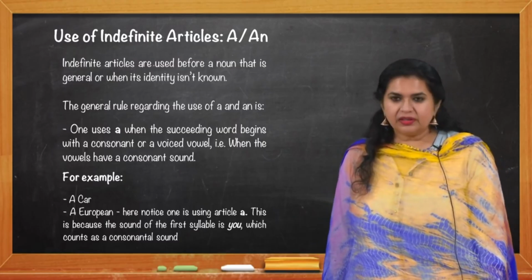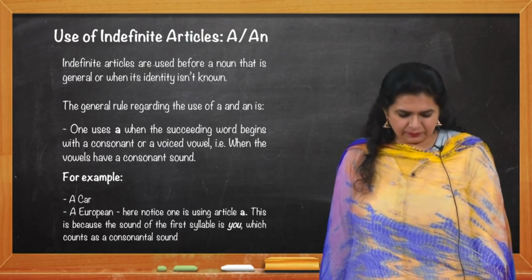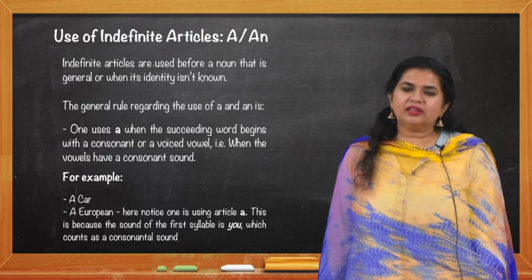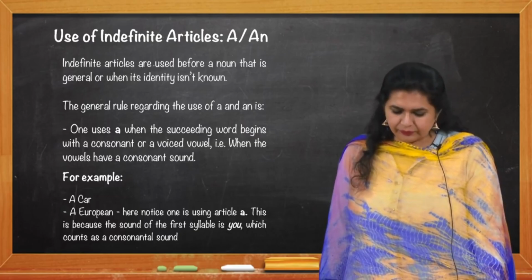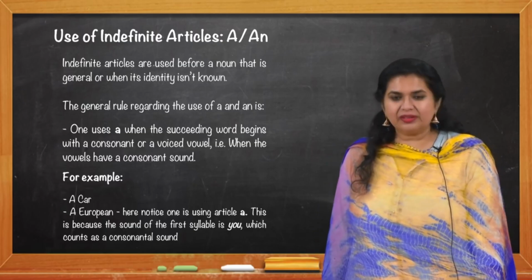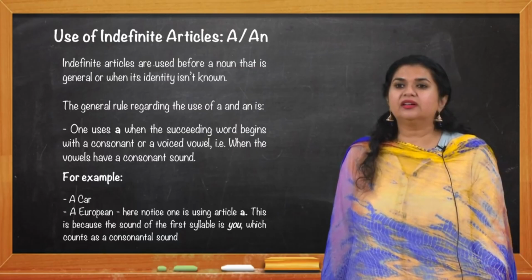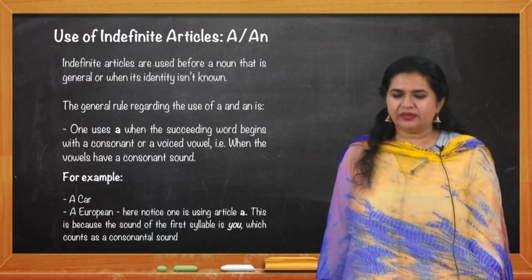For example, a car, C is a consonant, so a European, because although European starts with a vowel E, the sound is U, therefore it is a consonant sound, therefore we say a European, a university, not an university.